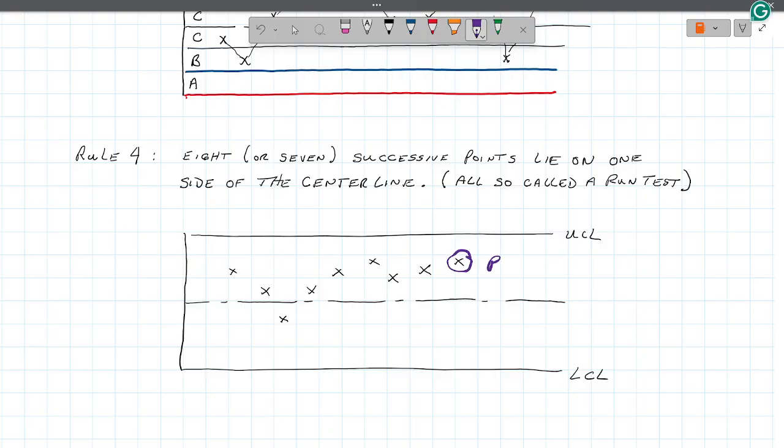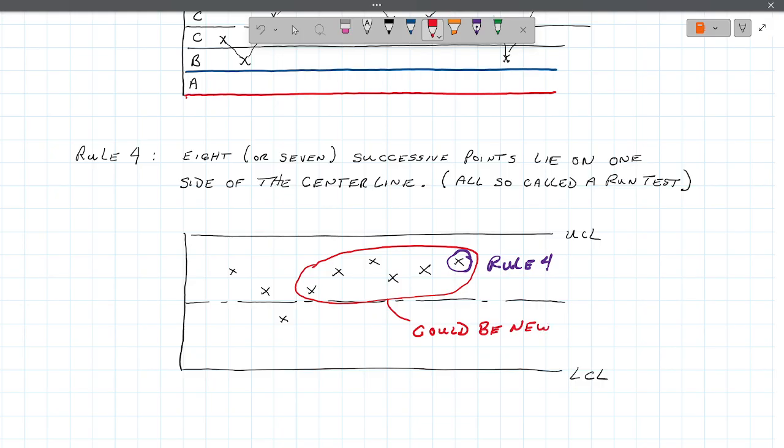that one becomes Rule 4. Okay. But that was only 6 points.